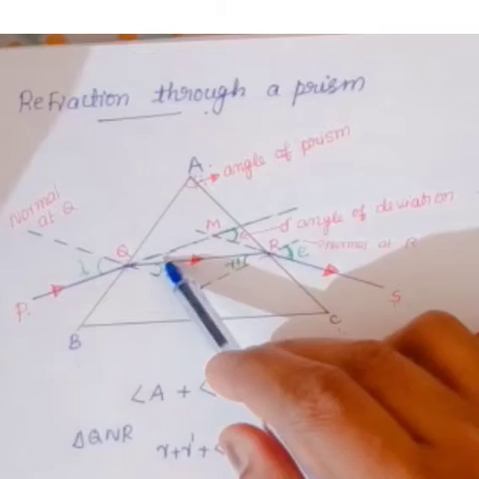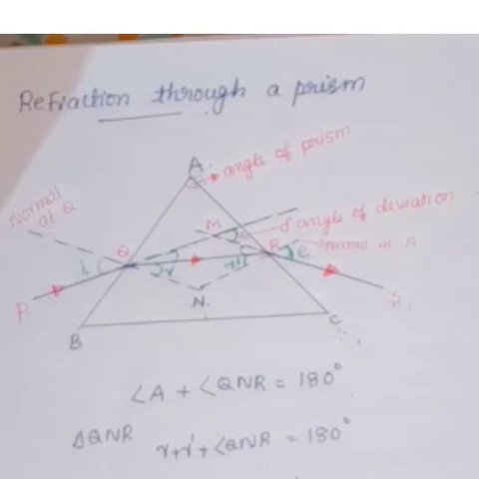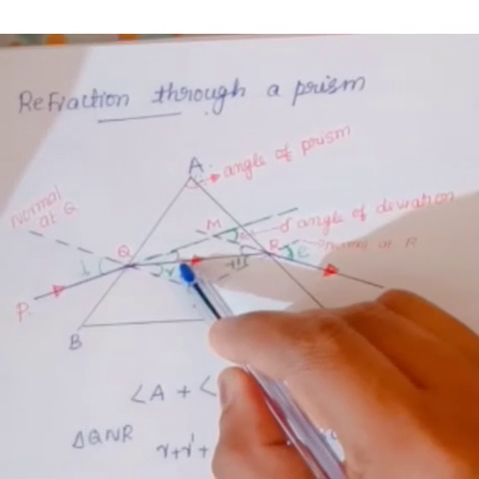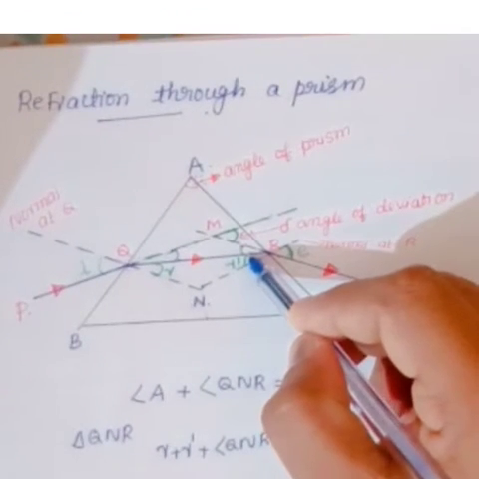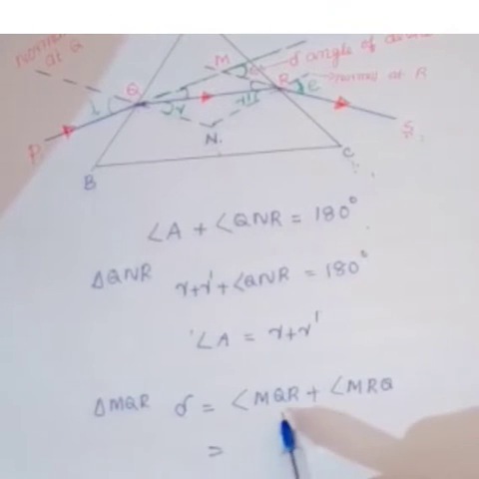This exterior angle is equal to the sum of this angle plus this angle. So delta is equal to angle MQR plus angle MRQ.